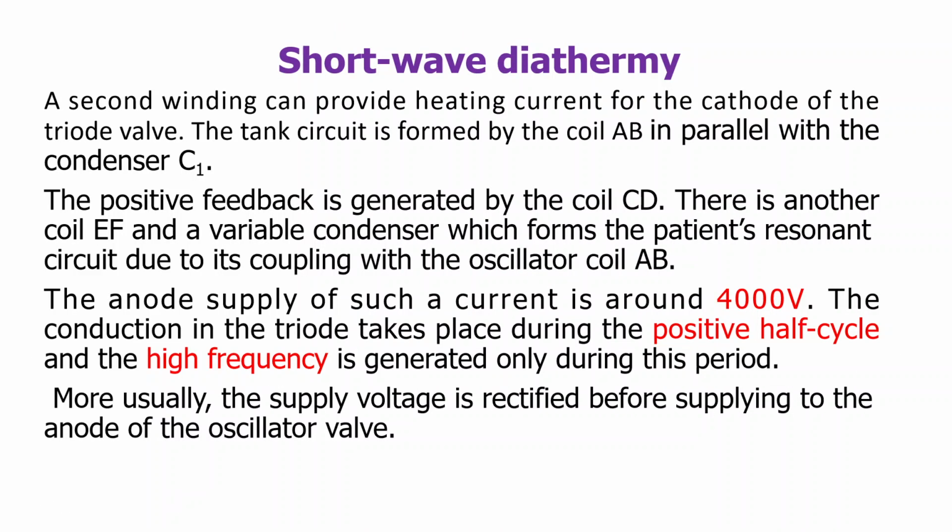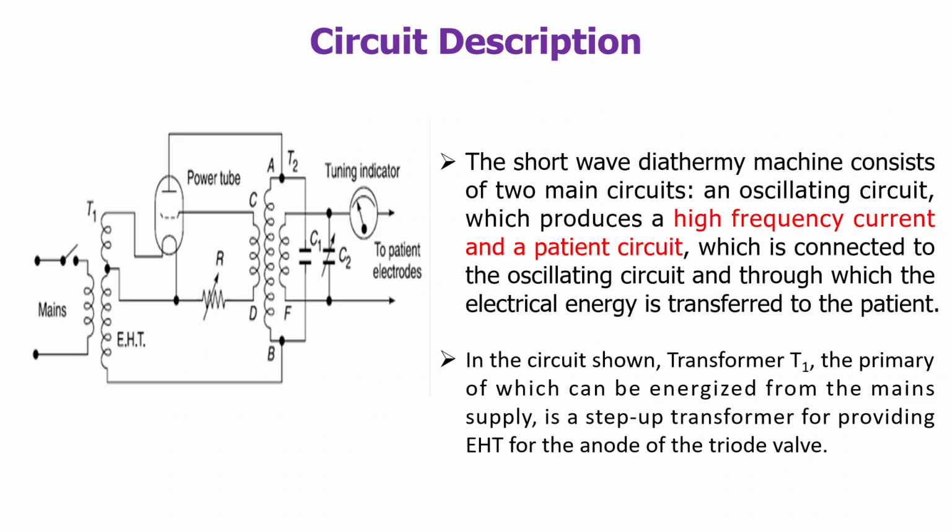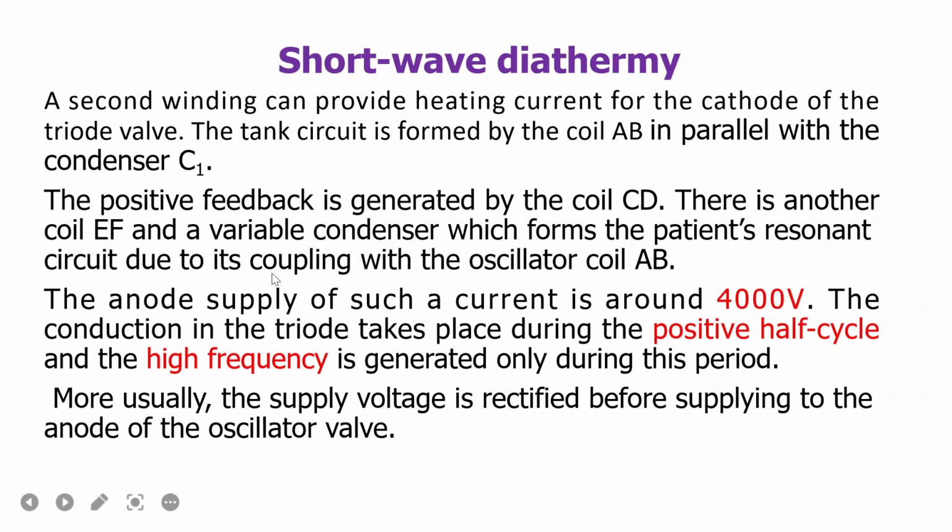In the oscillator, you can see there are three coils: the AB coil, the CD coil, and the EF coil. The first coil, AB, is mainly for patient's resonance. We make a resonance using this AB coil, and the CD coil is mainly for positive feedback.